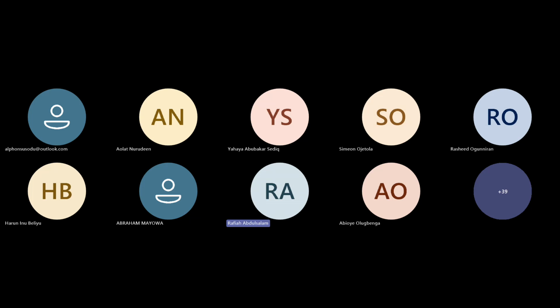Sign in with your personal account. I think someone did that earlier. He already has a profile. And if it's not already registered as a Microsoft Learn profile, it would tell you that your personal account, either Gmail or Outlook.com, does not exist. So you create one and you get started from there.